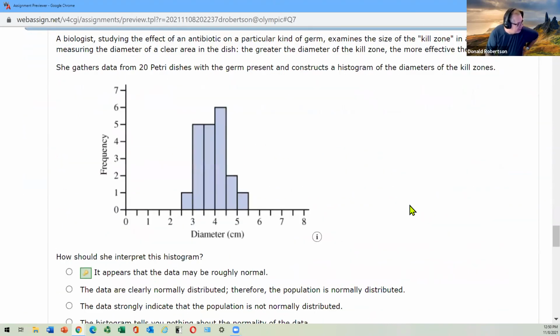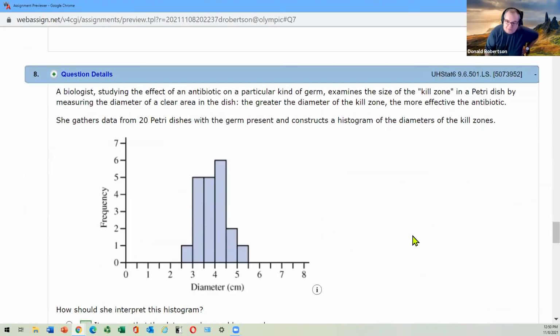Couple of questions to work with. You would be surprised by how generous they are in normal. Does that data look approximately normal to you? And be very generous. The answer is yes. They're counting that.